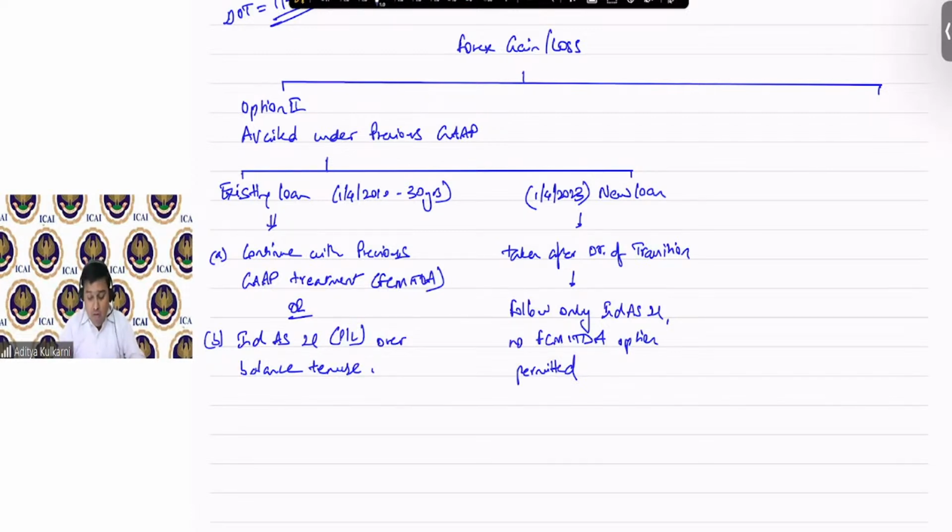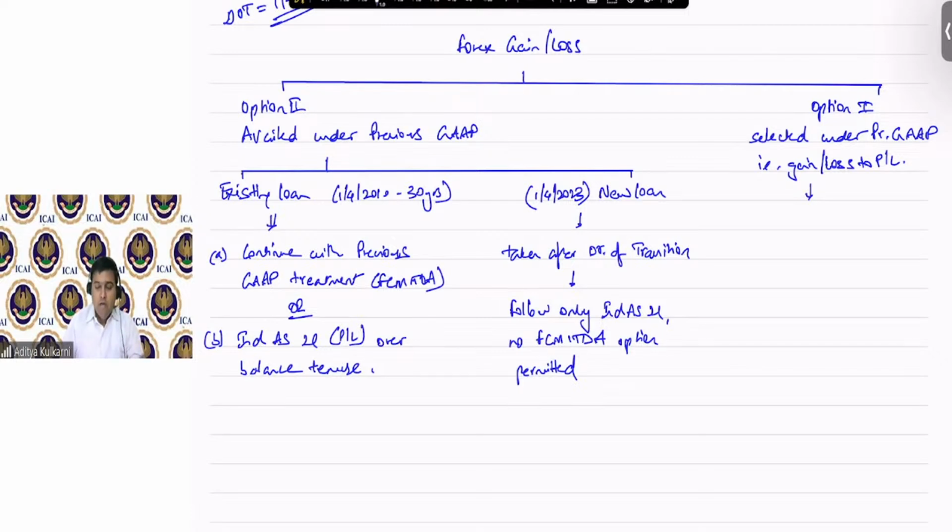Okay, so where those entities selected option 1 under previous GAAP, that is gain or loss to P&L, do you have an FCMITDA?